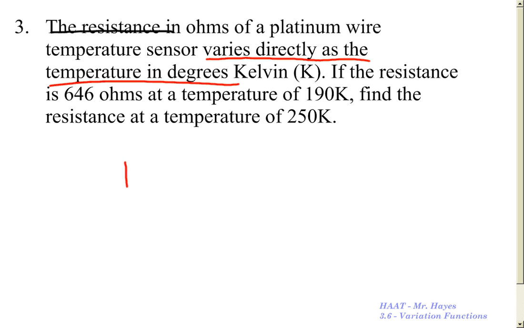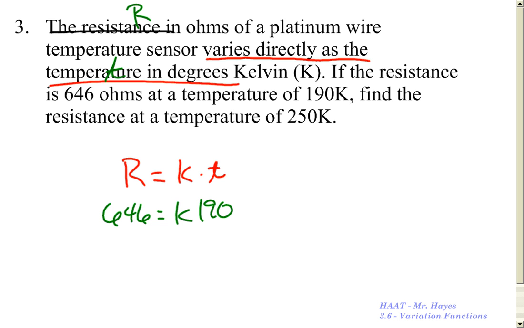So now I've got R is equal to some constant that we don't know yet times T for temperature. So this is T. This is going to be R for resistance. So now you're just going to plug in for information. So if the resistance is 646 ohms when the temperature is 190, what's the resistance at the temperature 250 Kelvin?